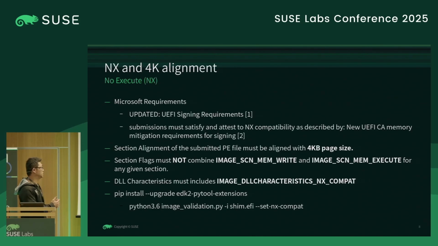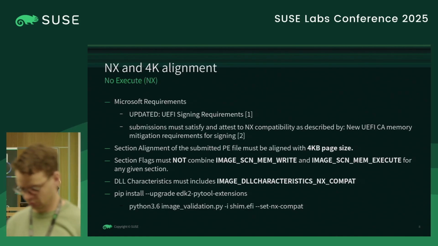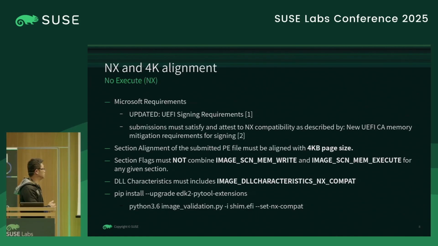Then maybe our firmware image loader can check this flag, and we can also check this flag in the next stage, like GRUB2. It's very simple. There is a Python tool that can set or check the NX compat flag in the EFI binary.